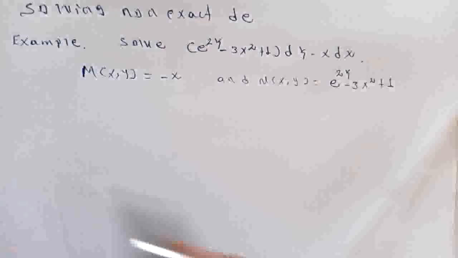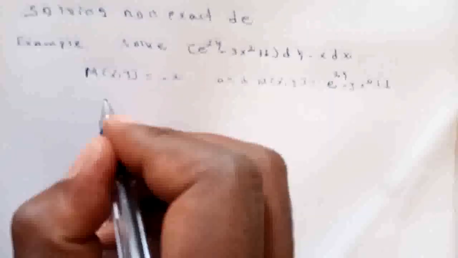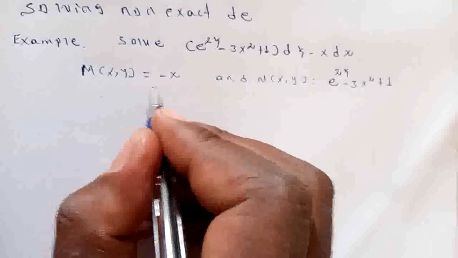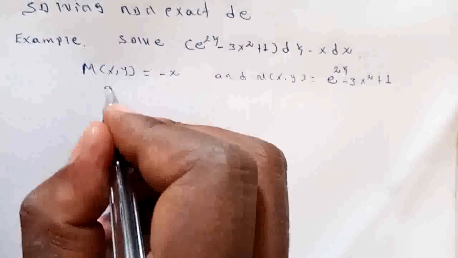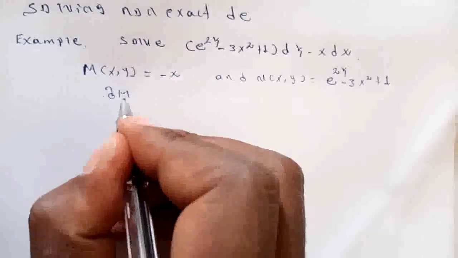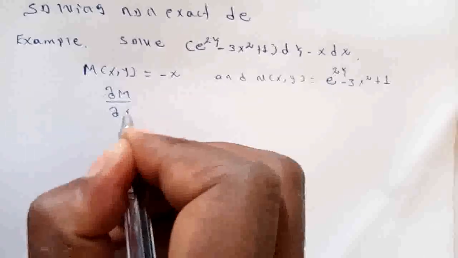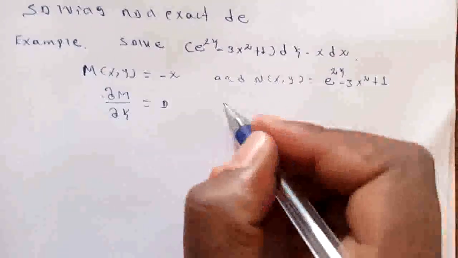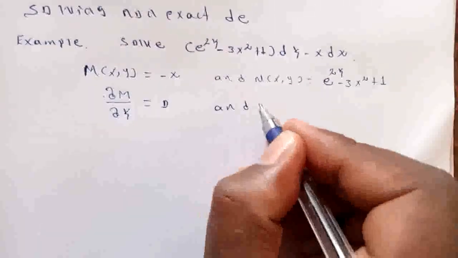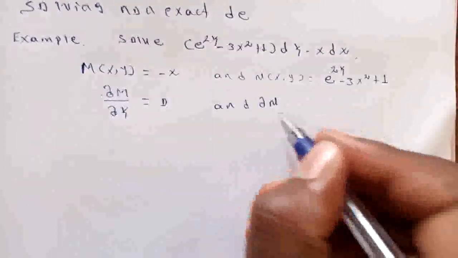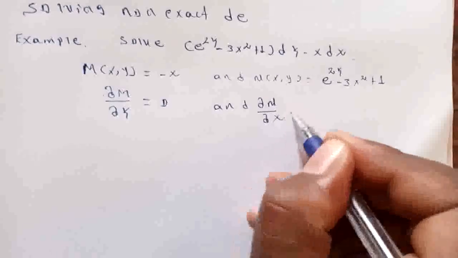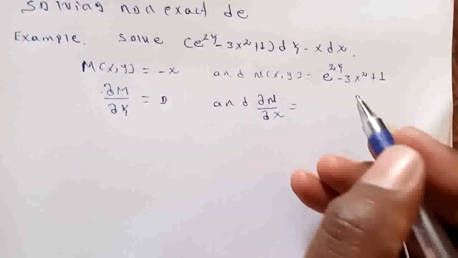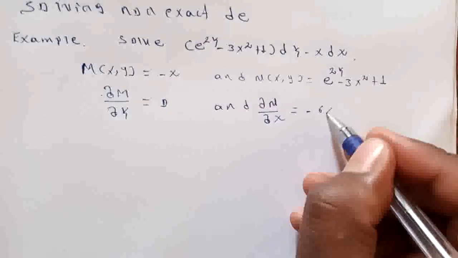Now let us check its exactness, that is the partial derivative of M with respect to y, which is 0, and the partial derivative of N with respect to x, which is minus 6x.